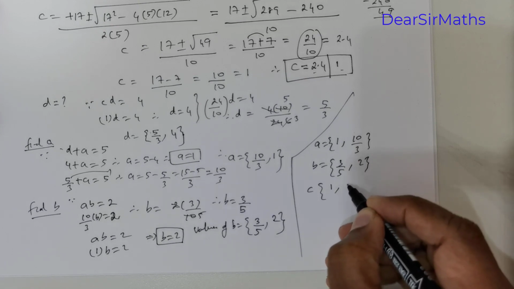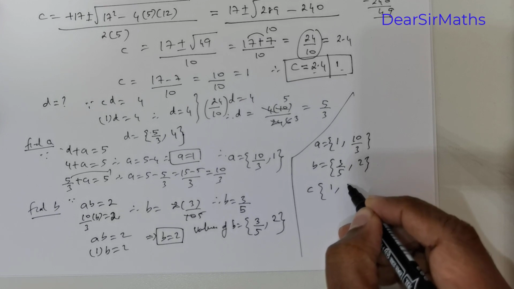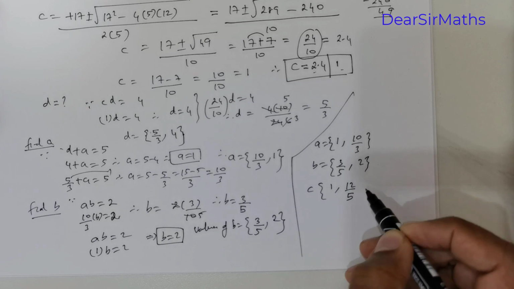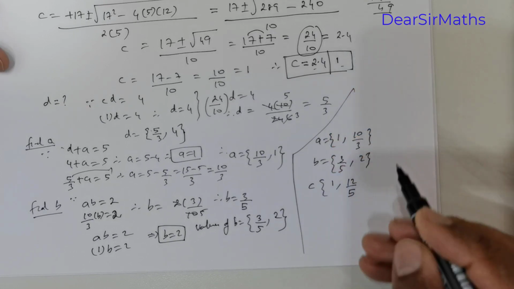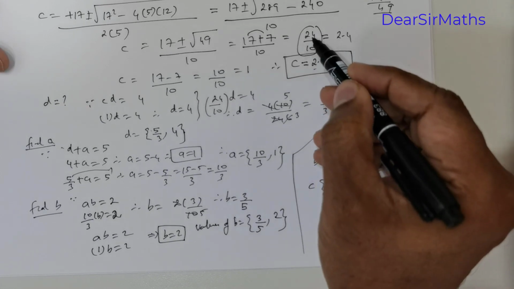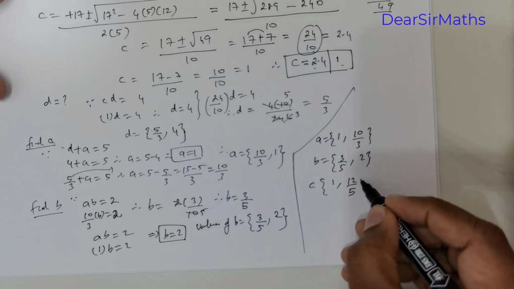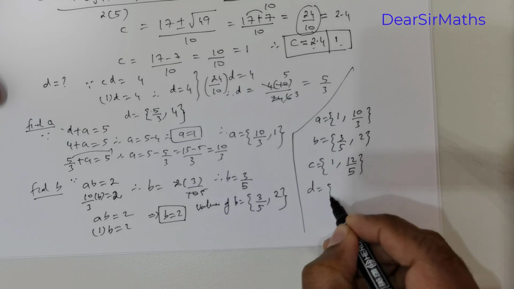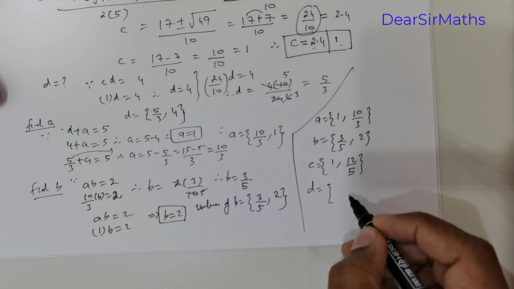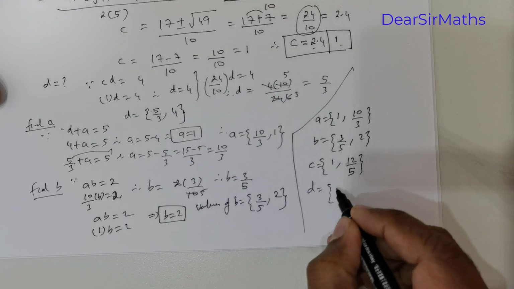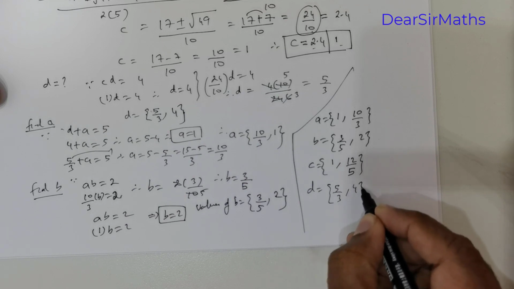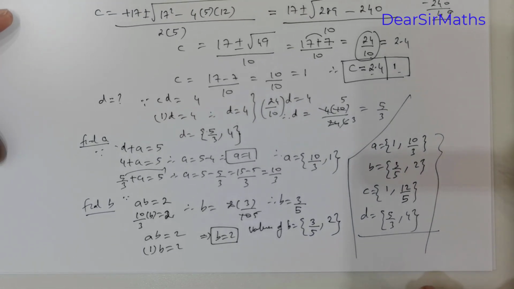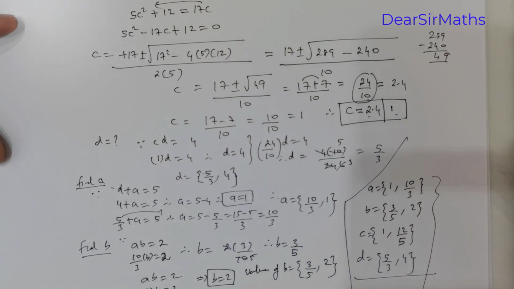As I mentioned to you, 24 over 10, you can write it as 12 divided by 5, it's up to you, or you can rewrite it as 2.4, since 2 divides 24 12 times, 2 divides 10 5 times. And finally the values for D have been found out to be 5 over 3 comma 4. So we have completely solved the given system, and let's move on to the next question.